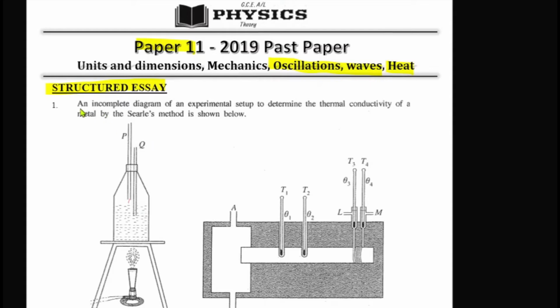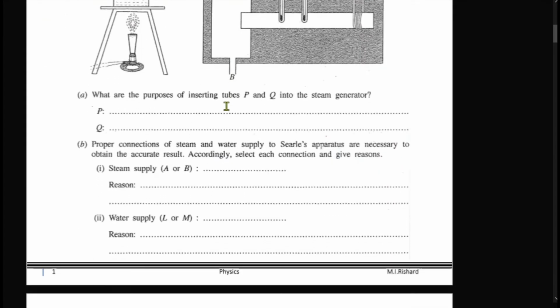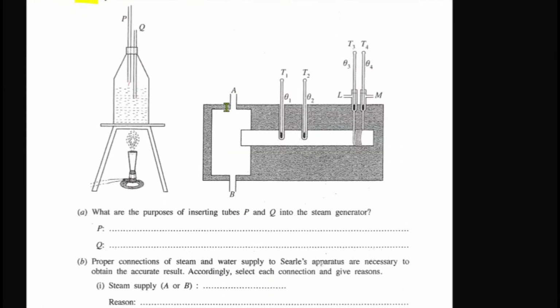All right, so it says an incomplete diagram of an experimental setup to determine the thermal conductivity of a metal by the Searle's method is shown below. Let us see what the first problem is. What are the purposes of inserting tubes P and Q into the steam generator?